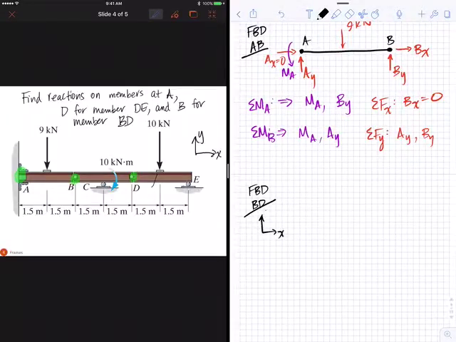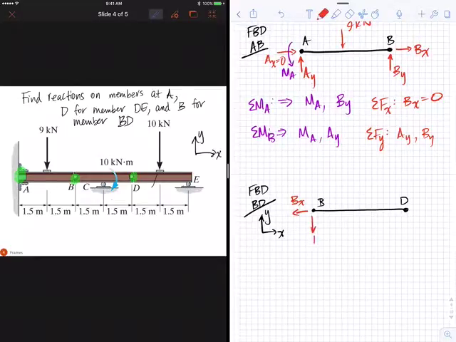Okay, so we'll draw another coordinate system. Now we're going to be right in the middle, BD. And now that you've sectioned this, you want to make sure that you're drawing your reactions opposite to the one above, because these are the reactions on member BD, which should be equal and opposite to the reactions at B from member AB.